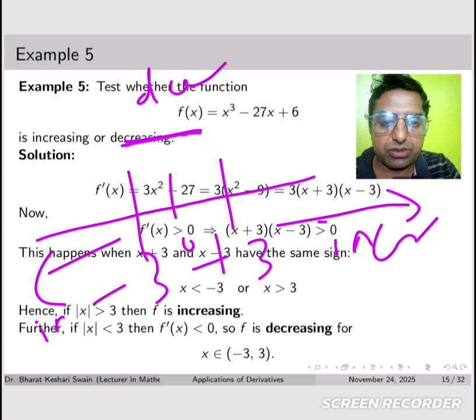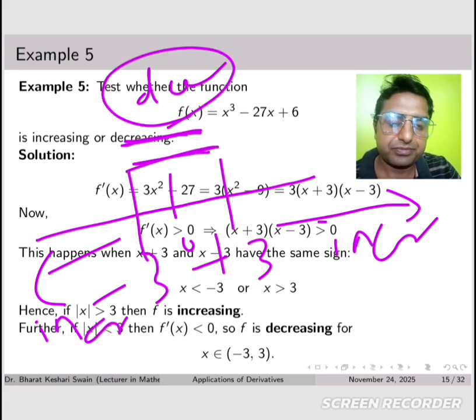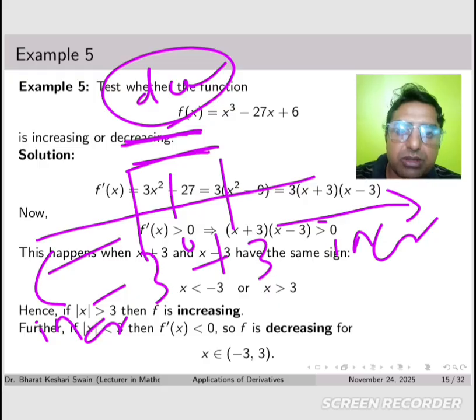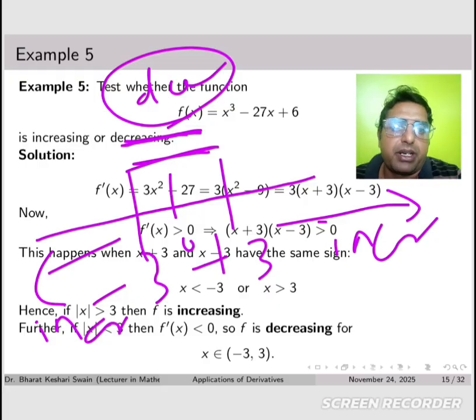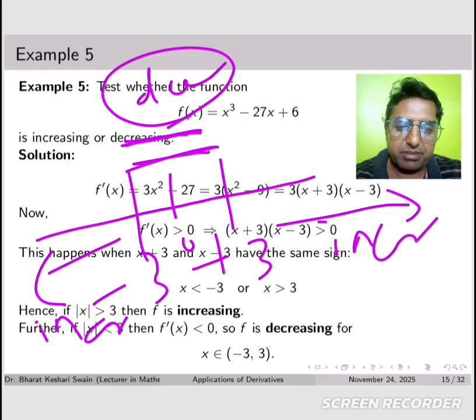This is how we can find the intervals where the function is increasing or decreasing using the first derivative test.